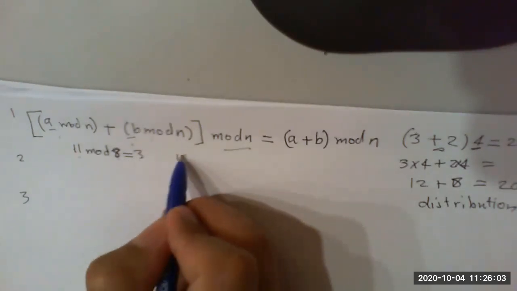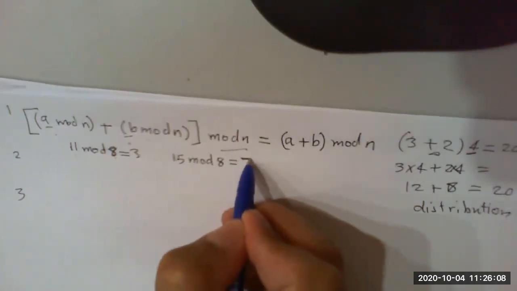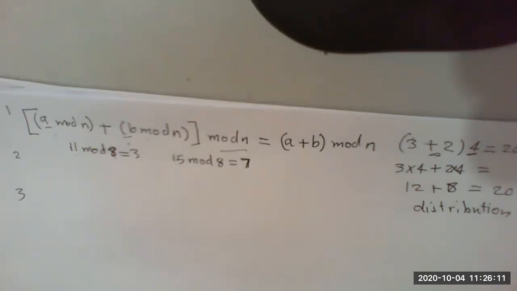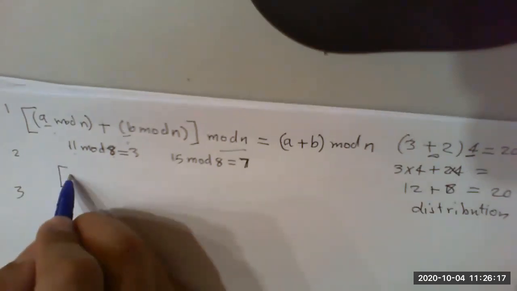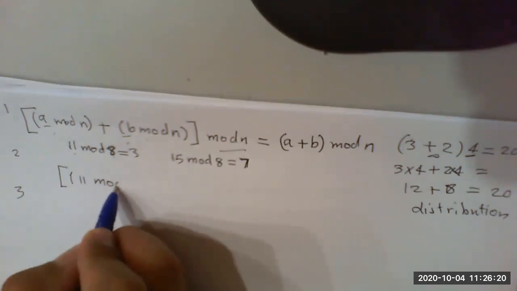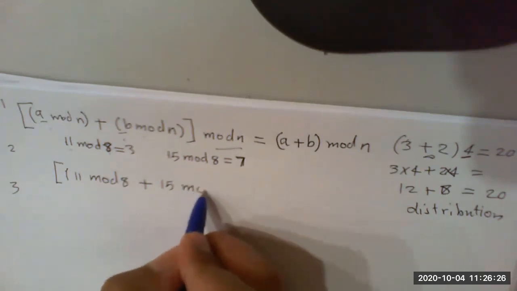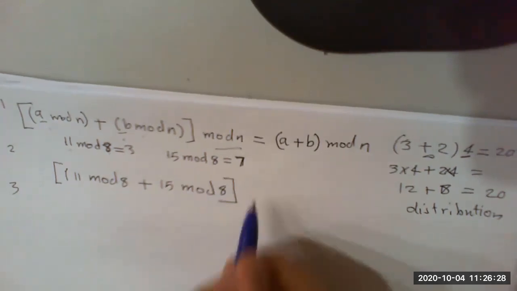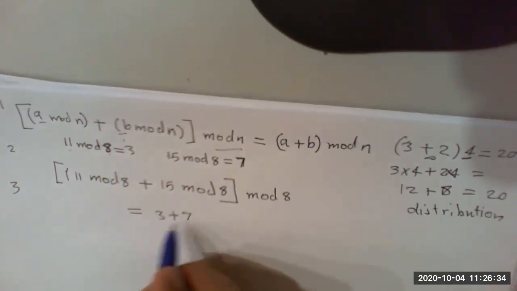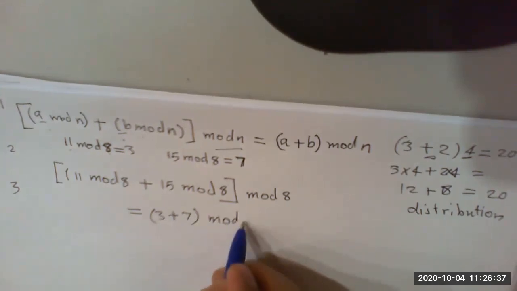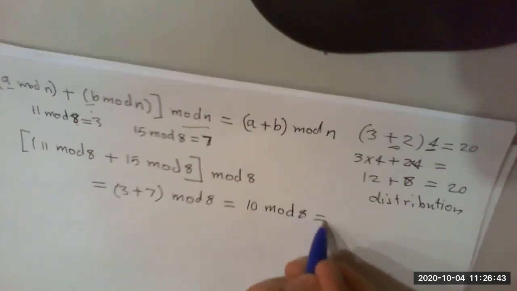And 15 mod 8 is 7. I can write this the same way. 11 mod 8 plus 15 mod 8, all mod 8, is equal to 3 plus 7, all mod 8, which is equal to 10 mod 8, which is 2.